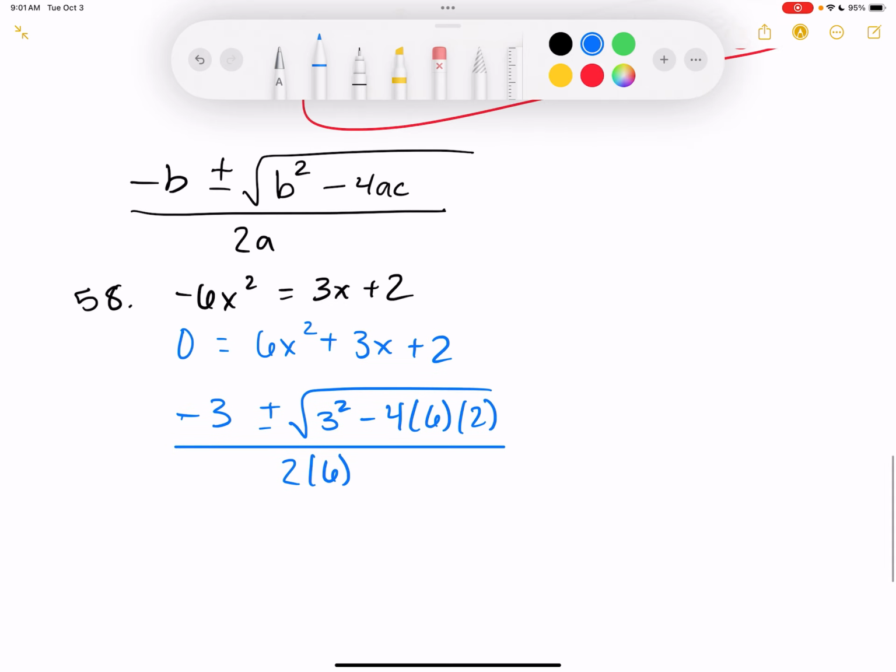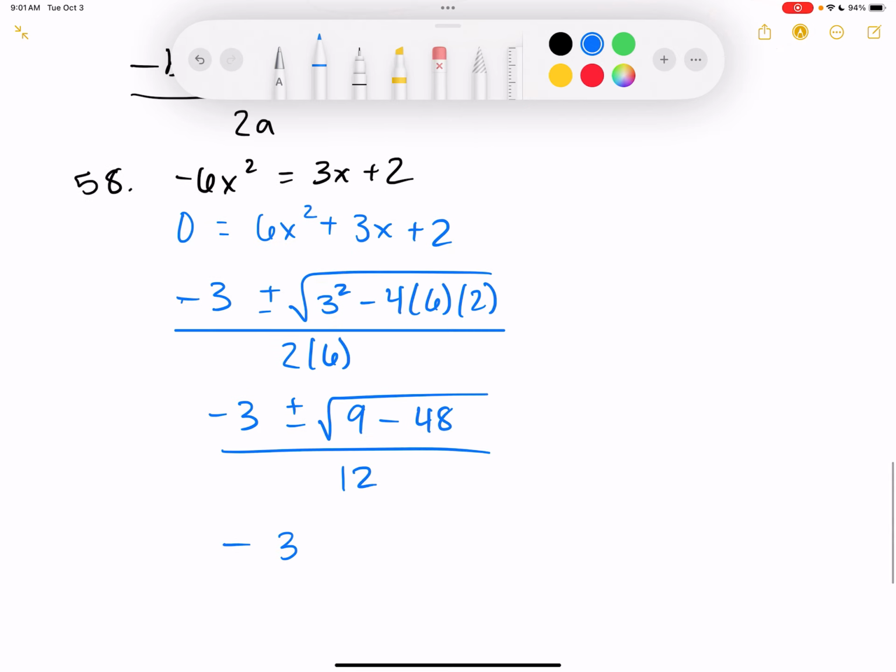So then negative 3 plus or minus the square root of 9 minus 48. 9 minus 48 is negative 39, I think. So then I've got negative 3 plus or minus the square root of negative 39 over 12.